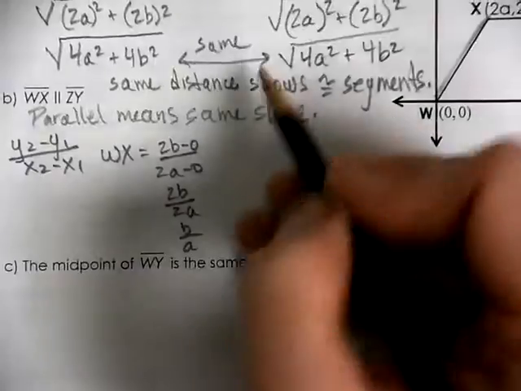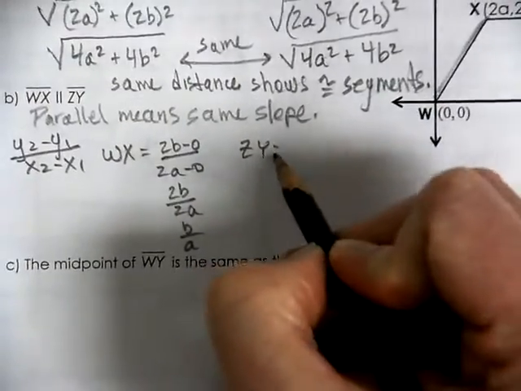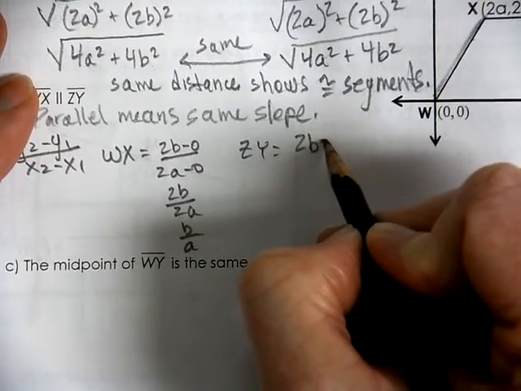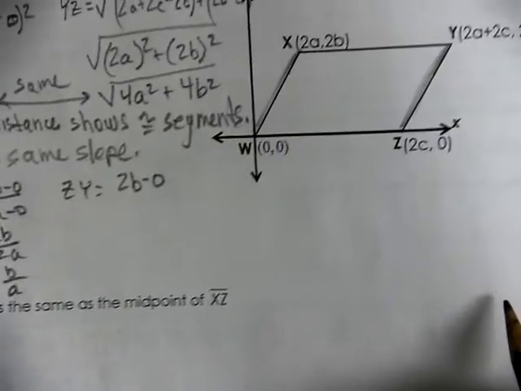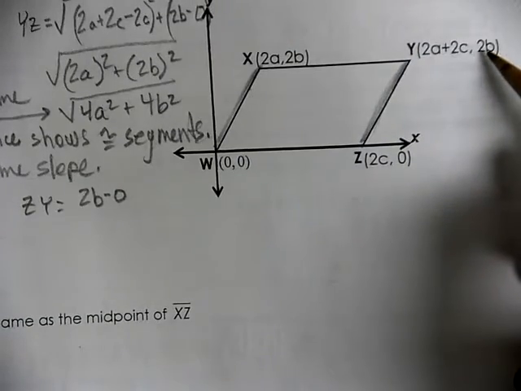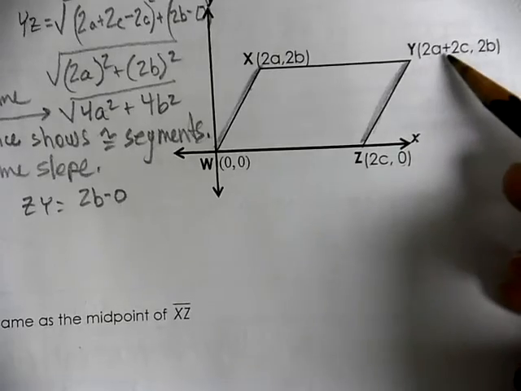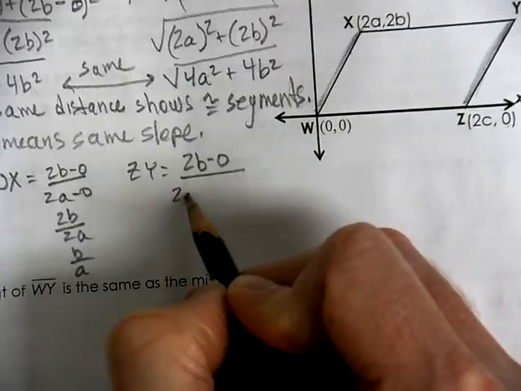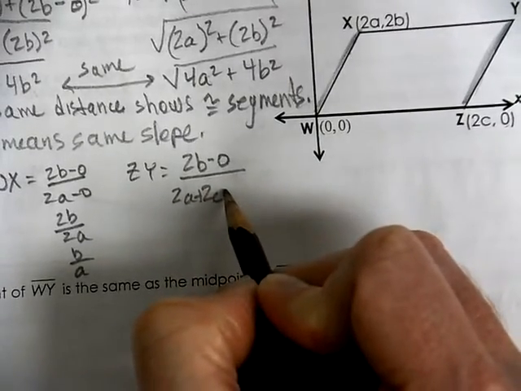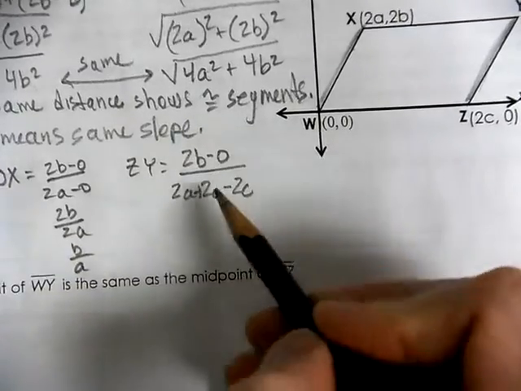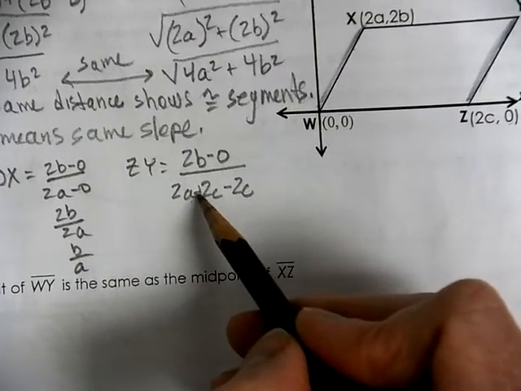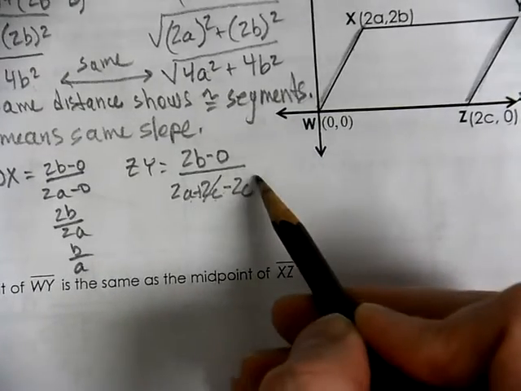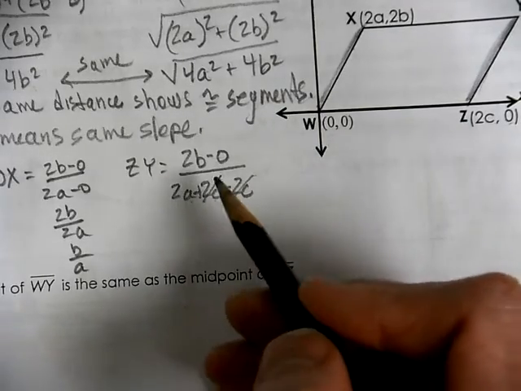Then we're going to look at the slope for ZY. We do the same thing. We take the 2b minus 0, y2 minus y1 over x2 minus x1. Again, we have the 2a plus 2c, but we're going to minus 2c. So those are going to cross out, and we're left with the 2a.